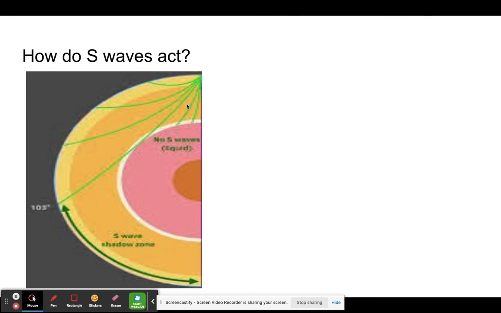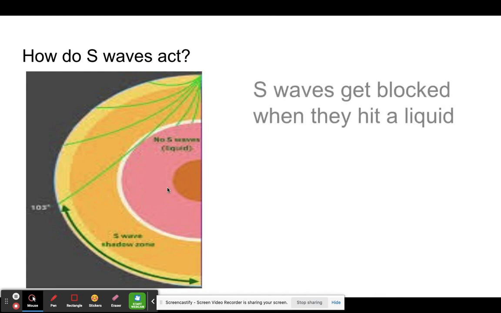So, I'll say that again. If you're on the opposite side of the world compared to where the earthquake happened, you don't receive any S waves. And we know from doing tests just on the surface of the earth that S waves can't travel through water. So that leads us to believe that this outer core must be at this location and it must be made of liquid. Otherwise, an S wave could have gone through it.